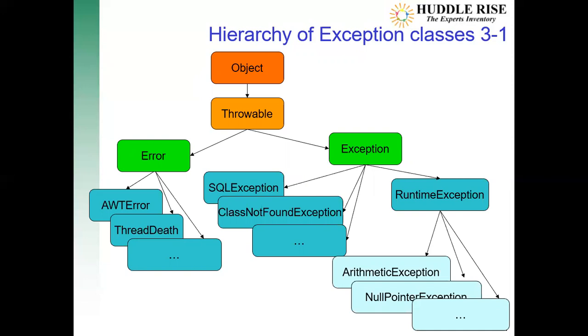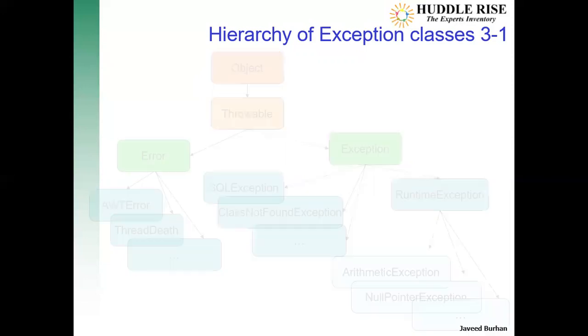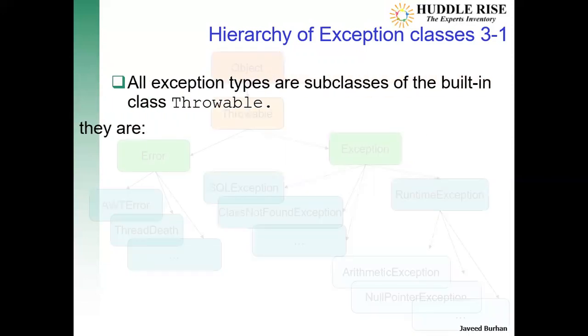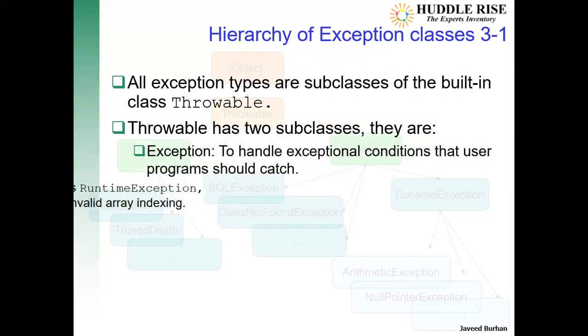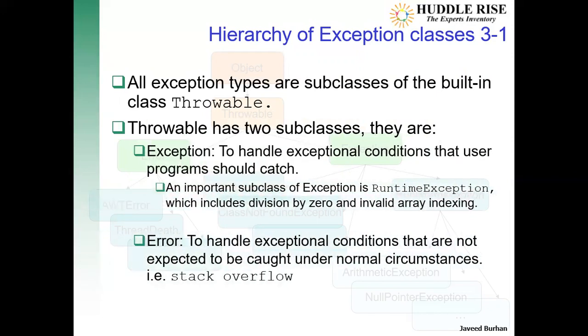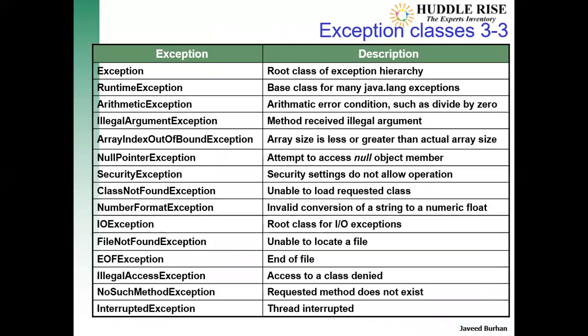So to handle the exceptions, we are going to use the try block. We'll discuss that. Just as I told you, all the exceptions are going to be subclasses of the Throwable class. We have different types of exceptions: runtime exceptions, arithmetic exception, illegal argument exception. Remember, Exception is the base class for all these things.